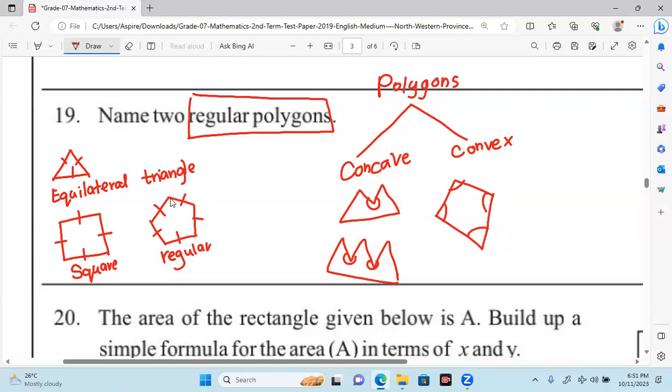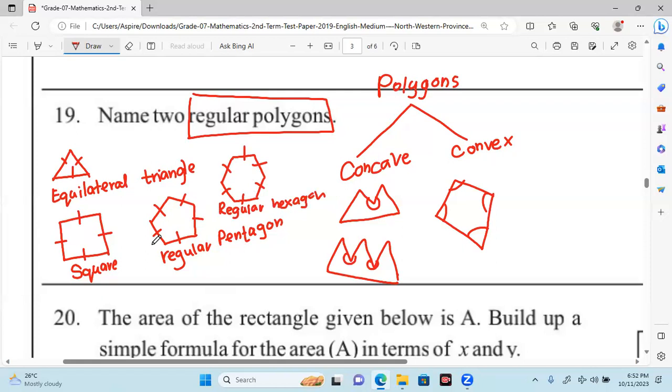When the sides of the pentagon are equal to each other, it is called a regular pentagon. And when we consider a polygon with 6 sides, it is called a regular hexagon. Okay, these are called the regular polygons.